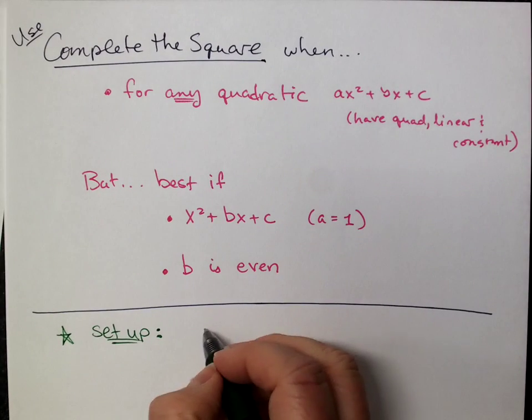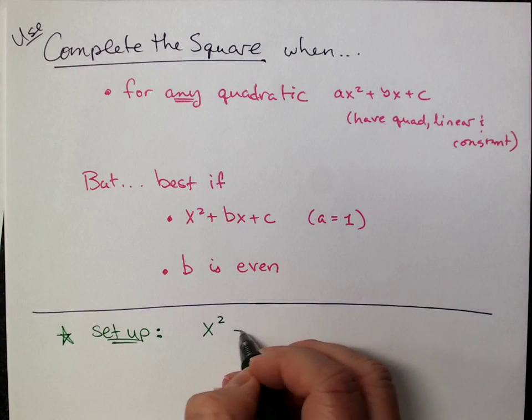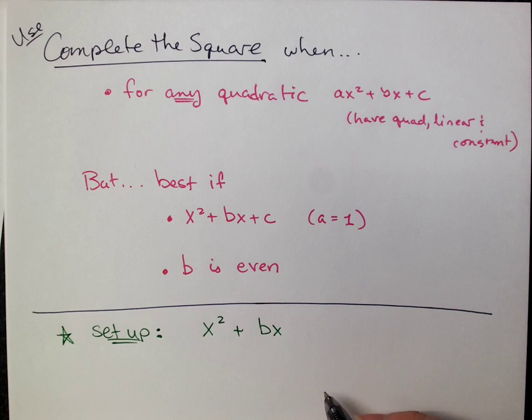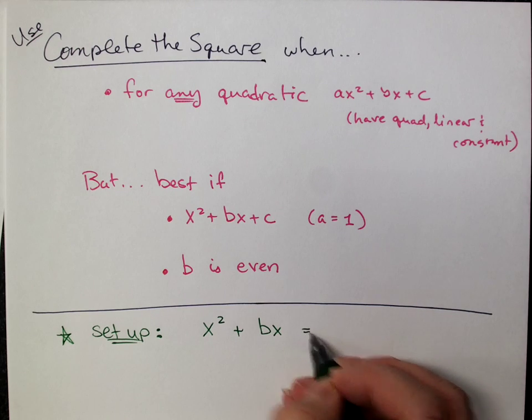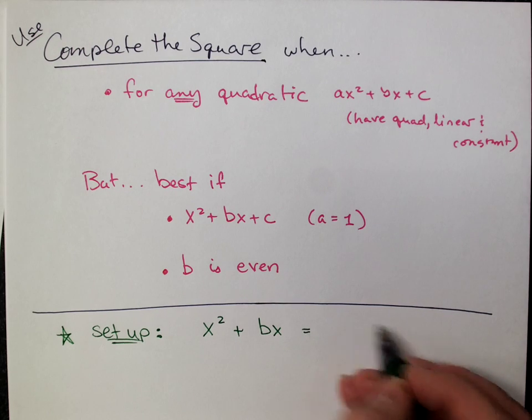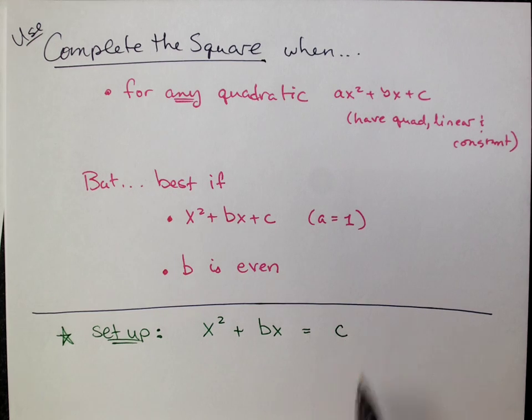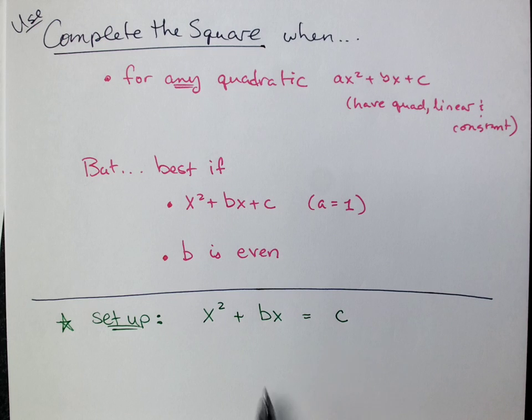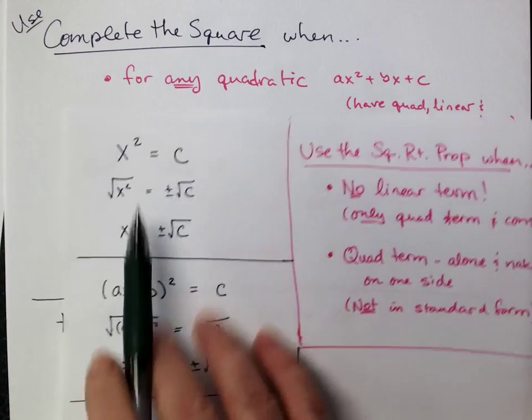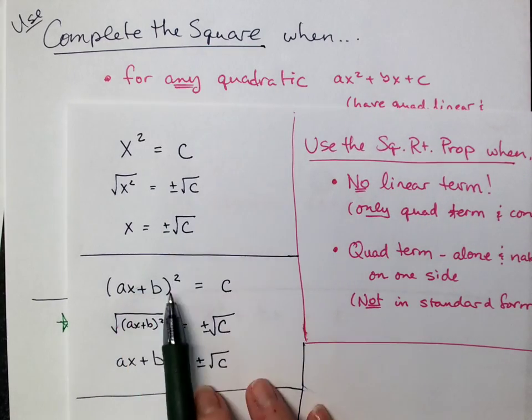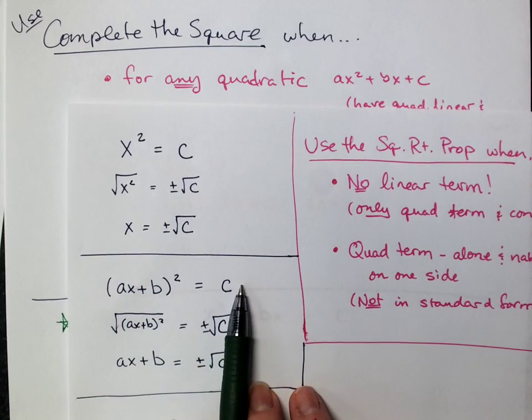You must have your x squared and your bx on the left equal to a number, and I'll call it C now, but you're going to find a new magic C, okay? But when you're first given the problem, again, this is not standard form, right? Square root property and completing the square do not use standard form. Okay? Square root property requires a quadratic equal to the number or the binomial squared equal to the number.